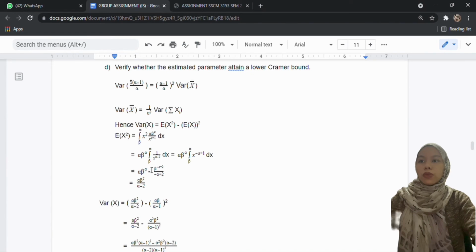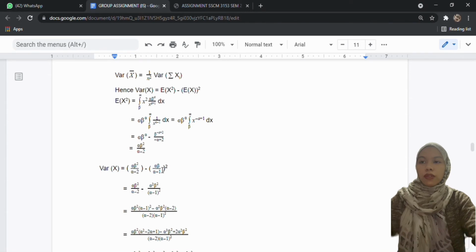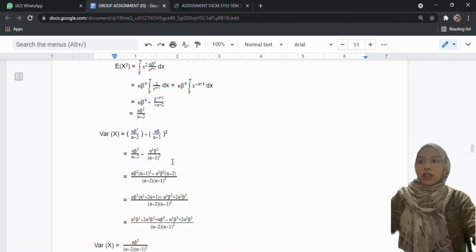After we integrate it, we have alpha beta squared over alpha minus 2. After that we have E of x squared, so we put it inside this equation. Var of x equals alpha beta squared over alpha minus 2, minus alpha beta over alpha minus 1, all squared.